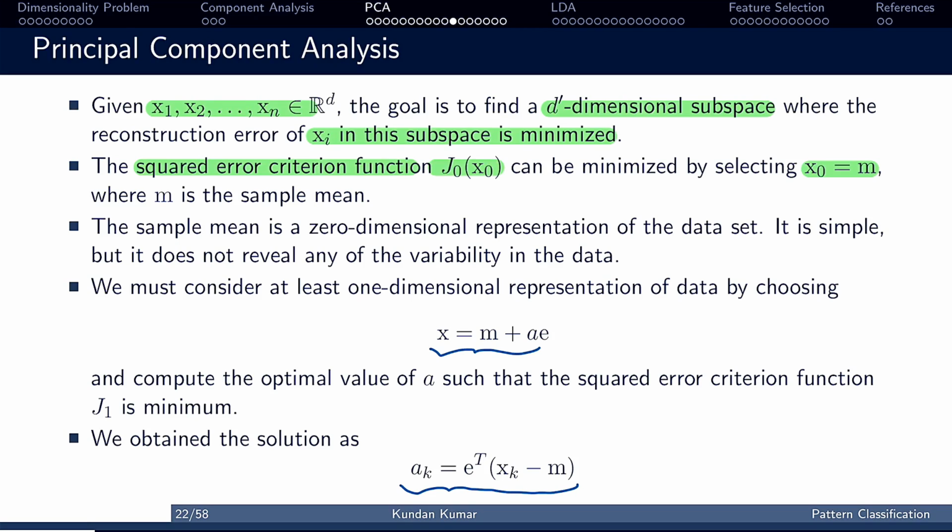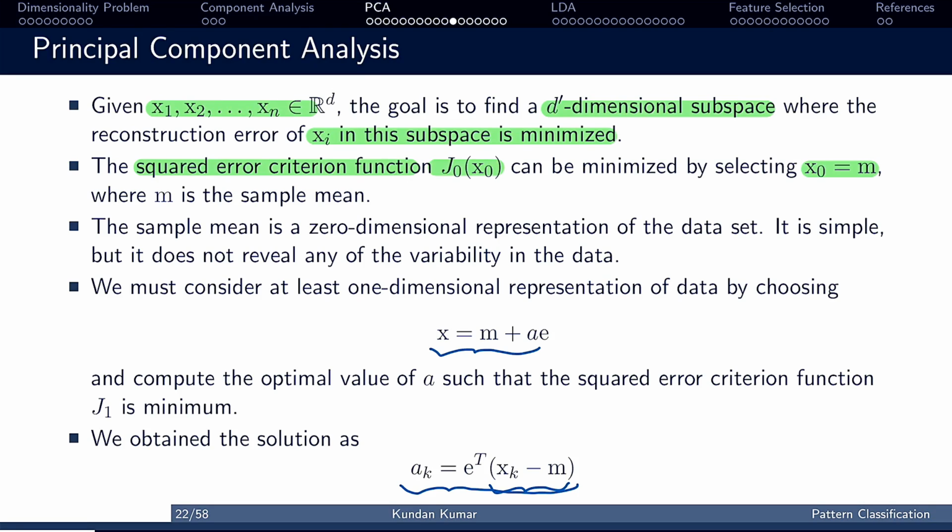Here e was the direction of the eigenvector corresponding to the highest eigenvalue of the scatter matrix of the set of samples in d-dimensional feature space.